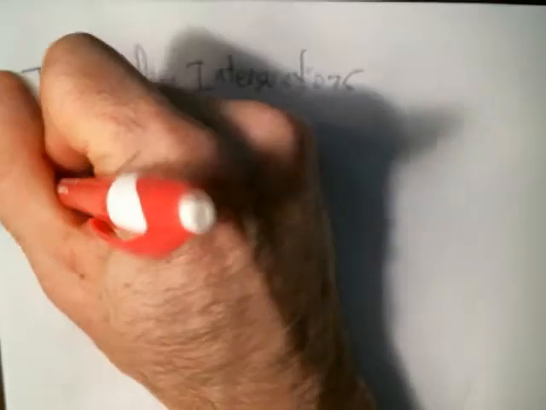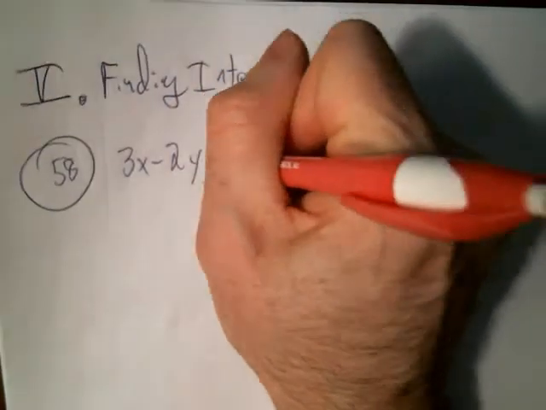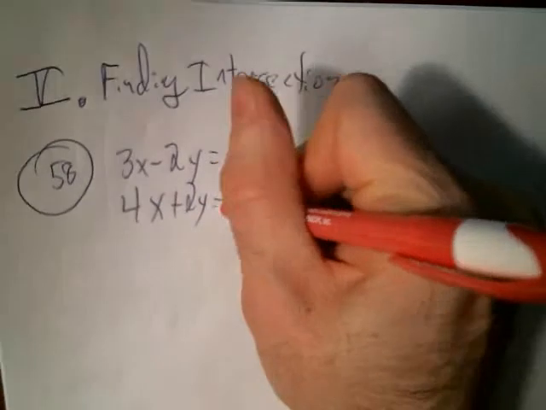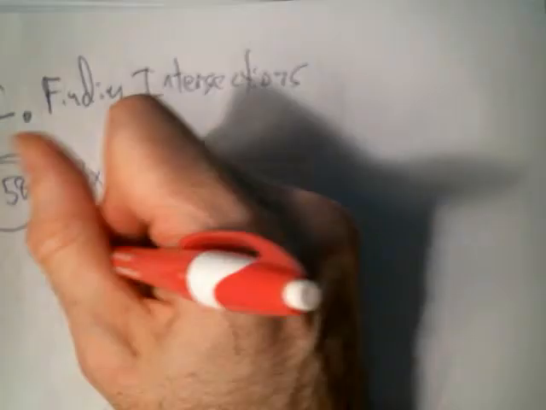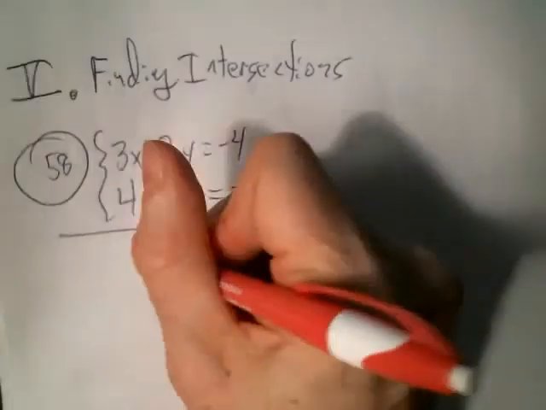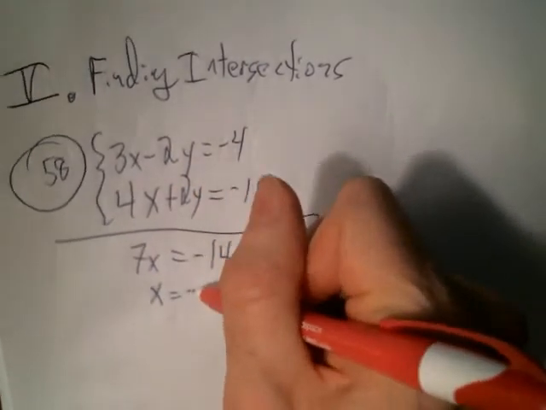So 58, I have the system 3x minus 2y is negative 4, and 4x plus 2y is negative 10. Here you can do the addition method, and of course the y variables cancel right out, and you get 7x is negative 14, so x is negative 2.